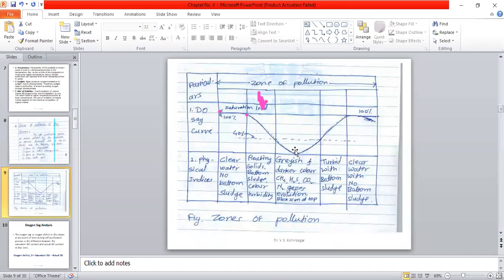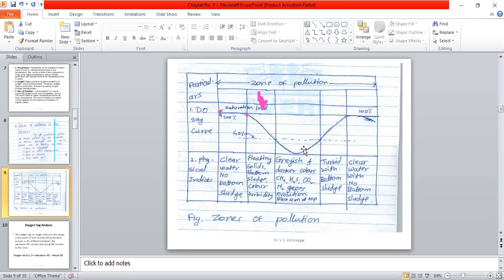But as time passes and length passes, the dissolved oxygen starts depleting very fast and it will reach the zero level. That zero level we can identify as the critical point in a sewage. That's why we call it active decomposition.